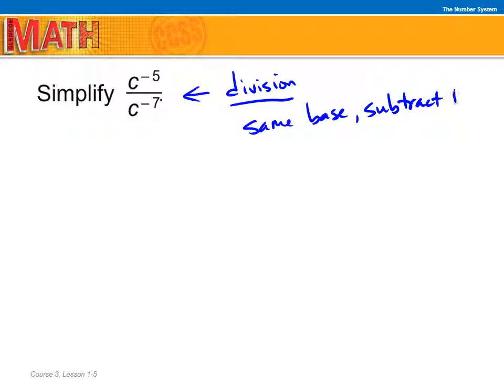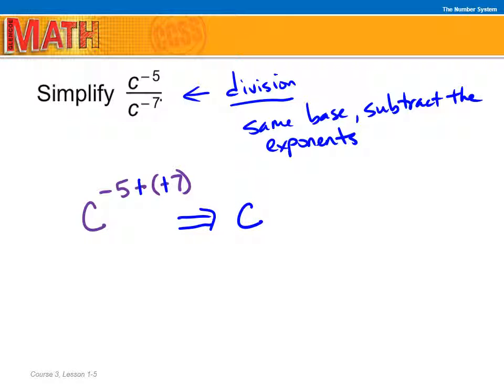So I'm going to take c, negative 5, minus, put the negative 7 in parentheses. When we're subtracting a negative, it becomes positive. So now I have negative 5 plus 7. Negative 5 plus 7 is positive 2. So this will be c to the 2nd power.